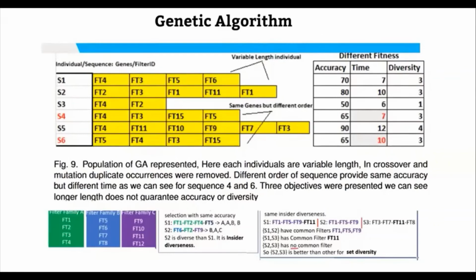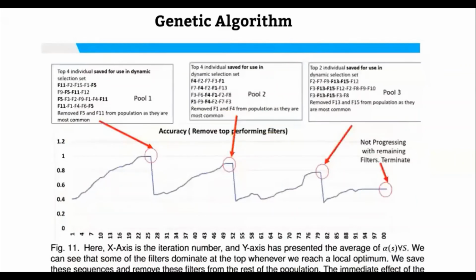So we have to work with 2 different types of diversity, and that's why I initiated a drop operation. When the genetic algorithm first started to work and reached a certain accuracy, I pulled off the best performing filters as a pool and removed the most common filters from the population. Then the accuracy dropped for a certain time, but it started to climb again.